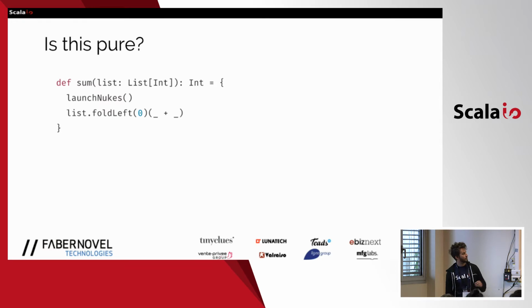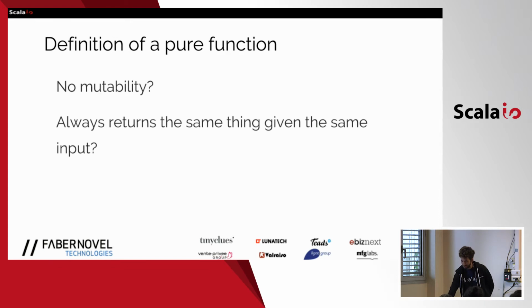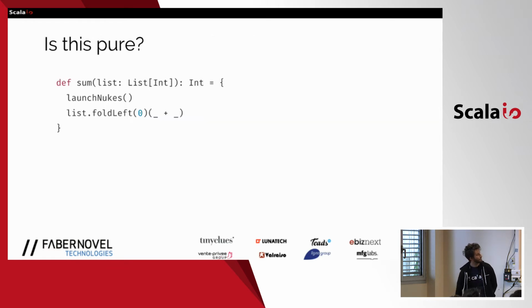So what do you think of this function? It's a very simple sum function. It sums all the integers in a list. But it also does some nasty thing called launchNukes. We don't know what it does. We can guess based on its name. But in essence, if we apply the second definition, does it always return the same thing given the same input?